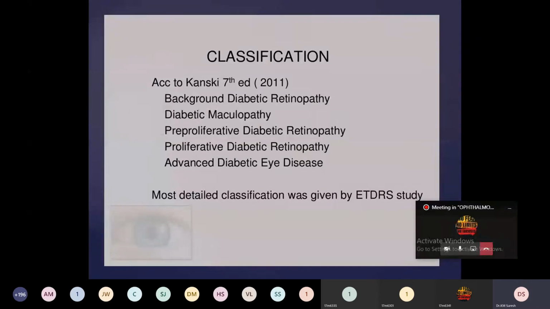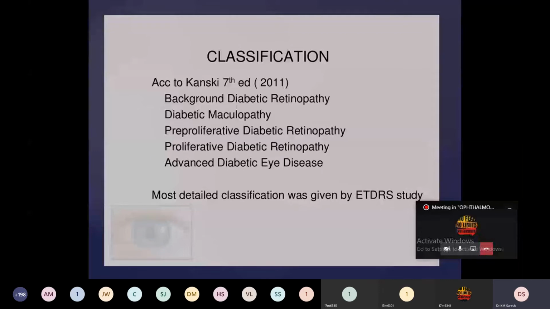You must know the difference between pre-proliferative diabetic retinopathy and proliferative diabetic retinopathy, because it's a very frequently asked question. There is no neovascularization in pre-proliferative diabetic retinopathy. You use the nomenclature proliferative diabetic retinopathy only when the new vessels start appearing.